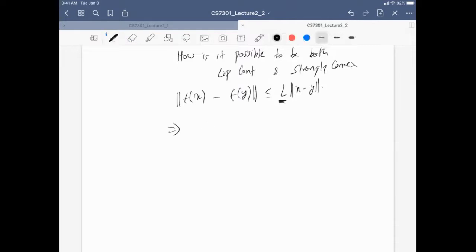Let's assume subgradient, right? The subgradient of f of x, and the norm of the subgradient is bounded. So actually, I'll call this B, right? Is bounded by B. Okay. So all we need to assume is that my x is bounded. So assume that the norm of x is bounded, right?